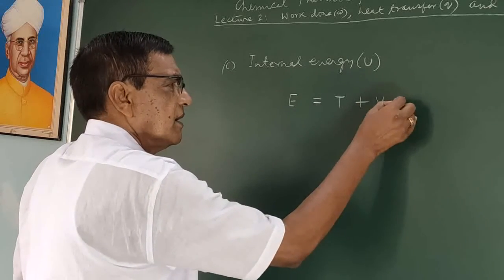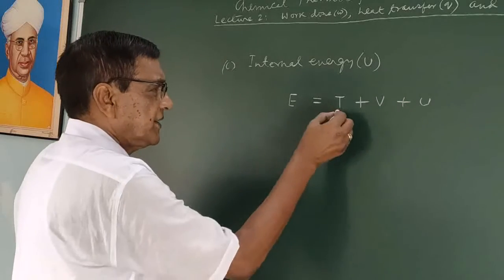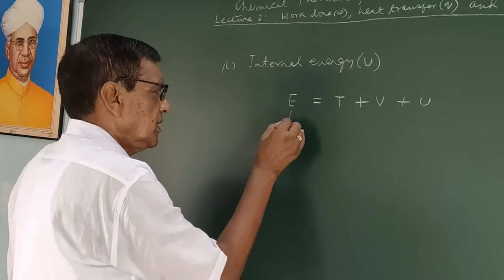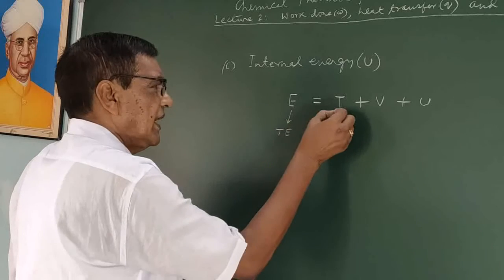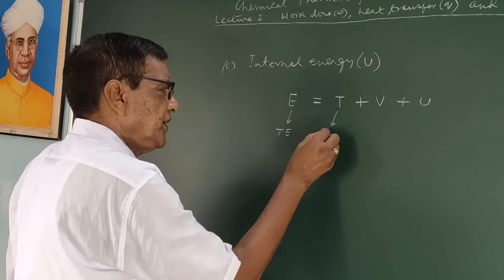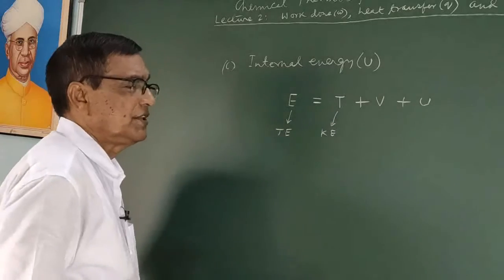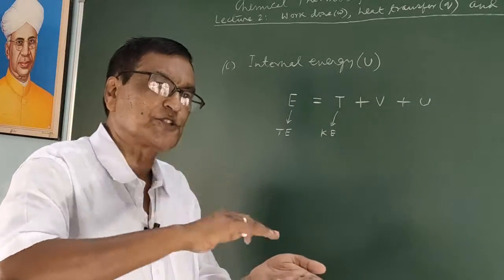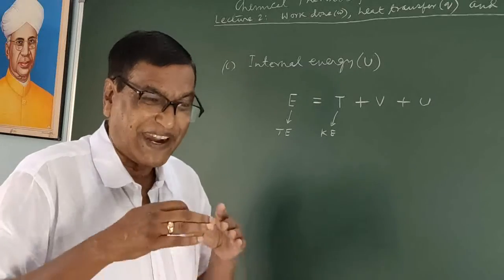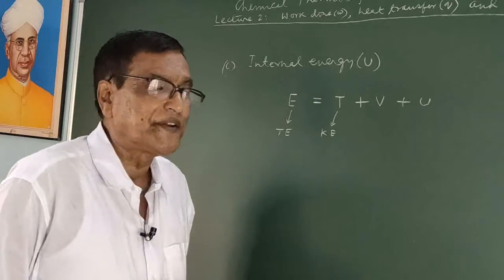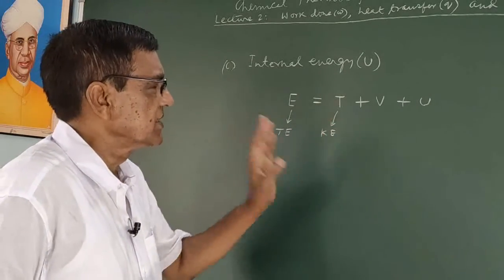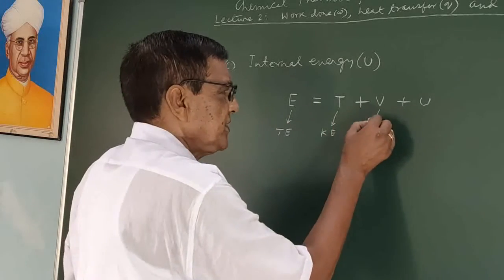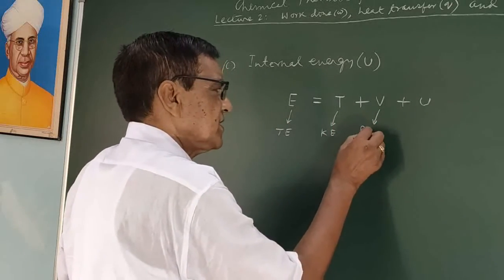T plus V plus E, and it is the total energy. T is the kinetic energy when the body or the system as a whole moves from one place to another, a macroscopic movement, and it will produce this kinetic energy. V is the potential energy.